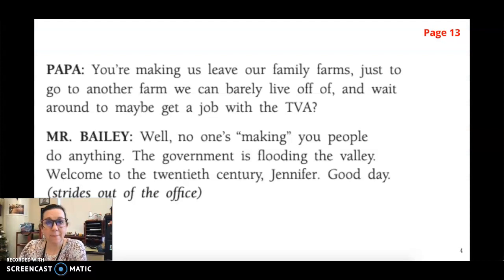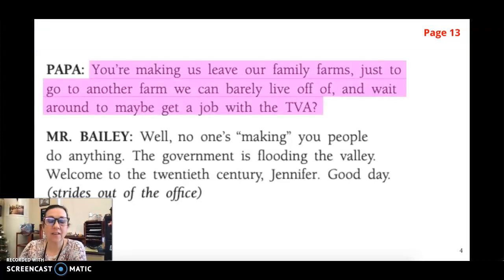So let's take a look at page 13. Okay, I have highlighted what Papa is saying. You're making us leave our family farms just to go to another farm we can barely live off of and wait around to maybe get a job with the TVA. Let's think about our author's point of view here.